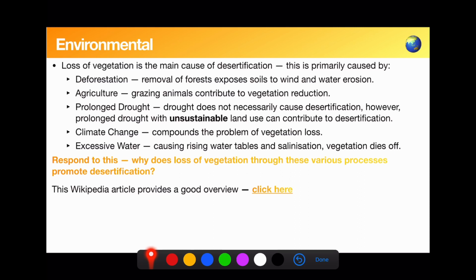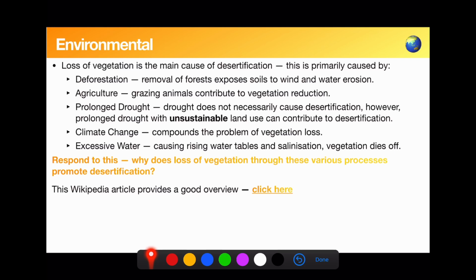Now, I guess it's really obvious what causes it. Deforestation, being one of the main ones we've looked at. So that removal of forests will expose soils to wind and water erosion, and degrades the soil, the land there. Agriculture, of course, is one of the biggest ones for deforestation. It is also one for deserts as well.